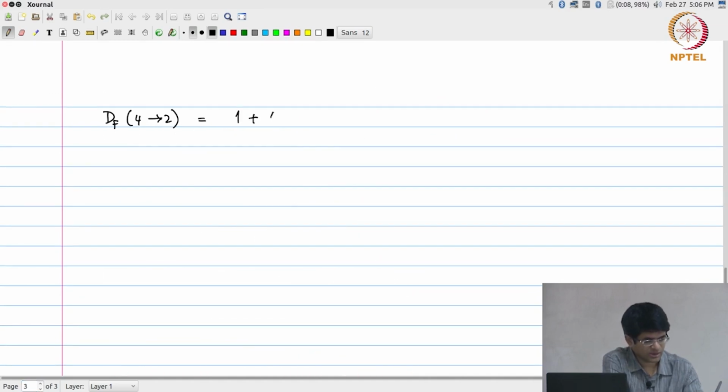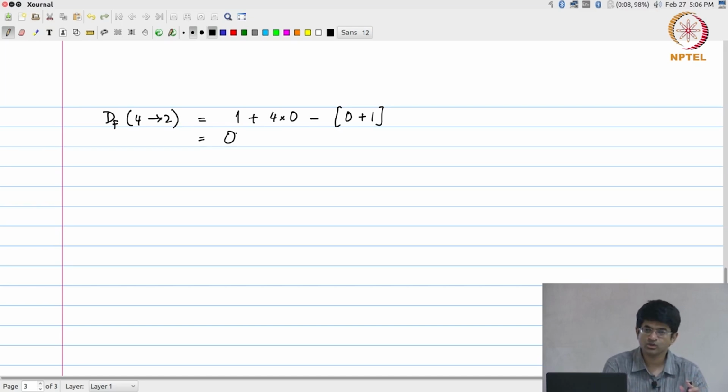So, 1 plus 4 into 0 minus 0, which is the time when operation number 4 is scheduled, plus the latency of operation 4, which is an adder. So, DF from 4 to 2 becomes equal to 0. I am not going to work through the rest of this.